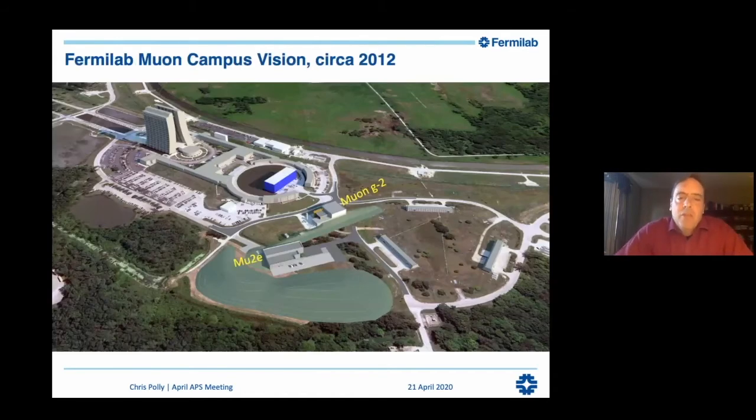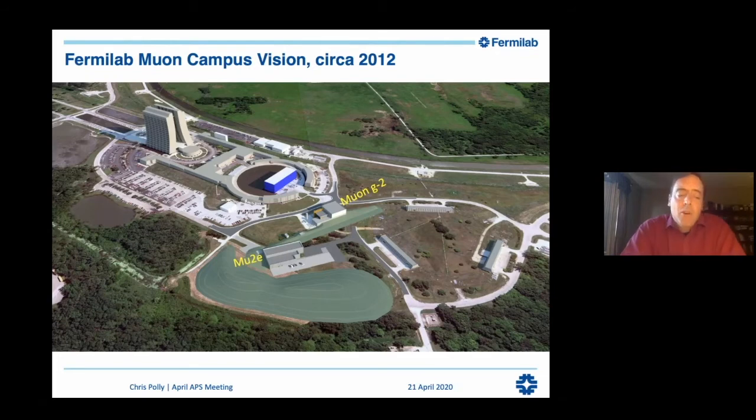This is the vision for what a few people started looking at doing back in around 2012. It actually started a few years prior to that. But the idea was that it was apparent that the Tevatron was going to be shutting down soon, and suddenly, back in 2009, a whole host of equipment would become available for the first time for constructing new experiments.